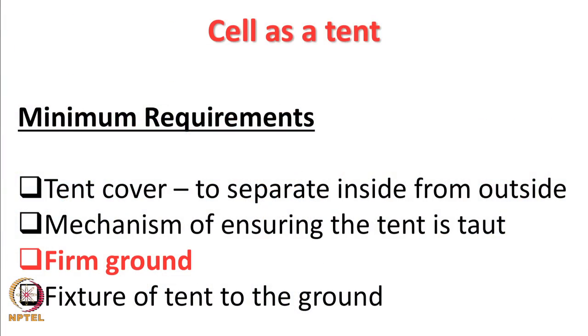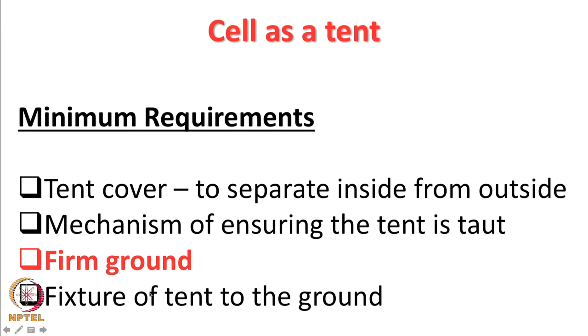Now, I will switch gears and get started by looking at each of these structures in greater detail, particularly the extracellular matrix, the cytoskeleton, and the focal adhesion. Coming back to our abstraction of the cell as a tent, today I will start by focusing on the firm ground.